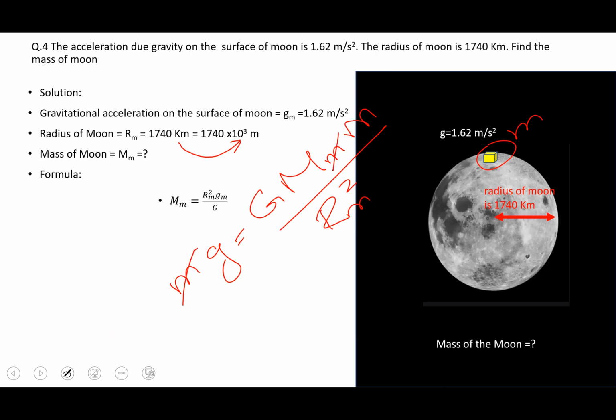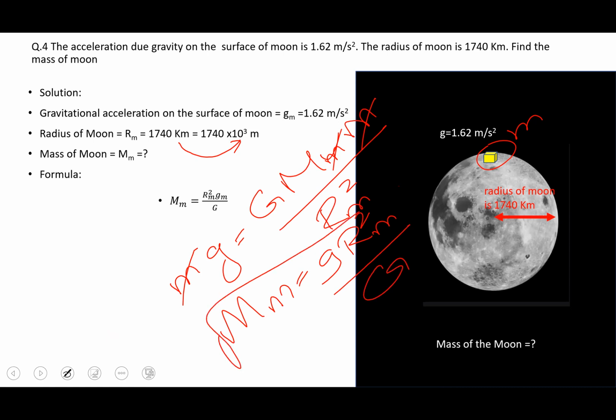The mass m cancels on both sides, and the mass of the moon can be written as g into r squared divided by capital G. So this is the formula to find the mass of the moon.